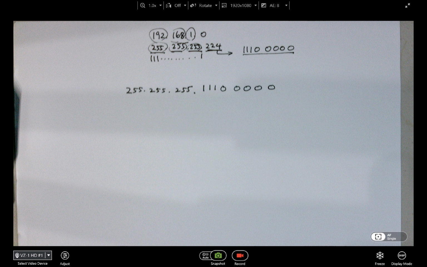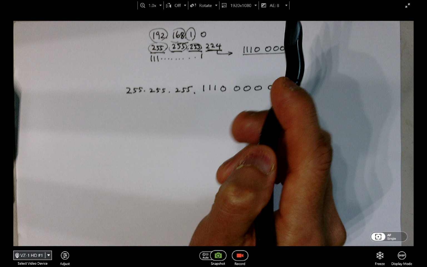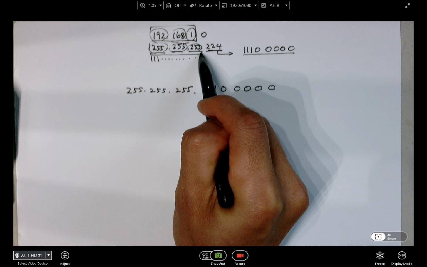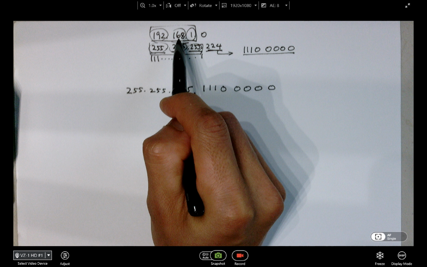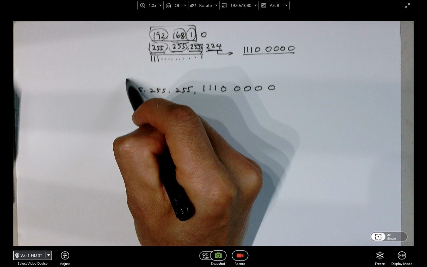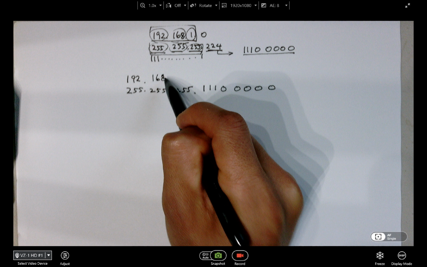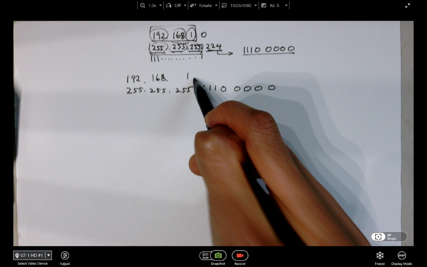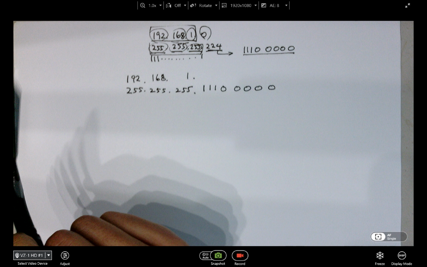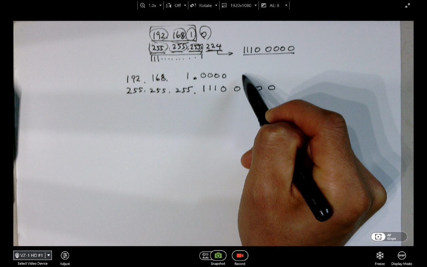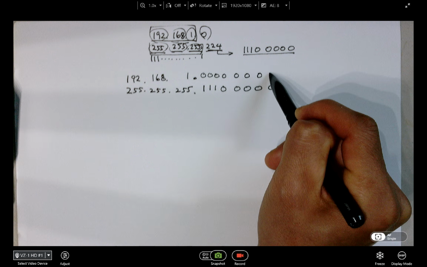Okay, and I know that the first 3 octets are going to be part of the network portion for sure. I don't have to really convert them into binary form. 192.168.1. And this is a 0, so I'm going to write 0. 1, 2, 3, 4, 5, 6, 7, 8.